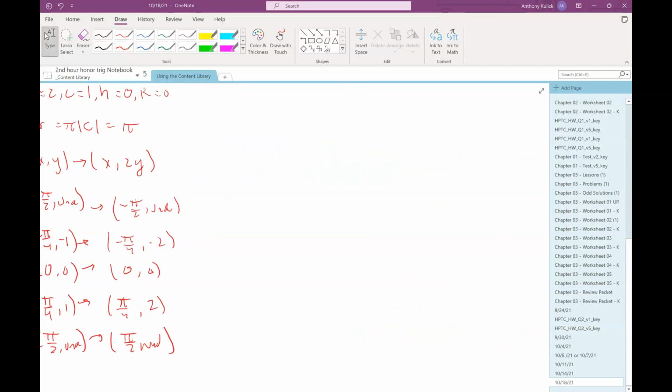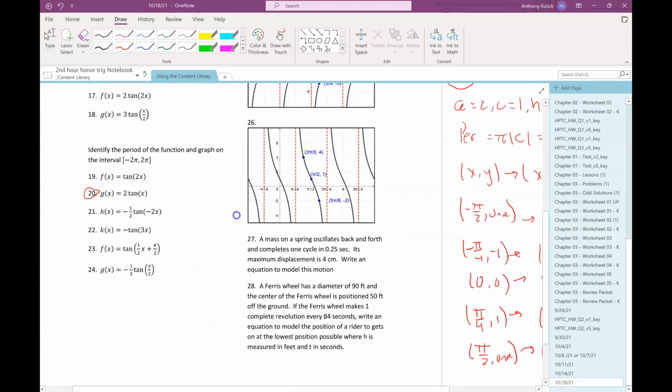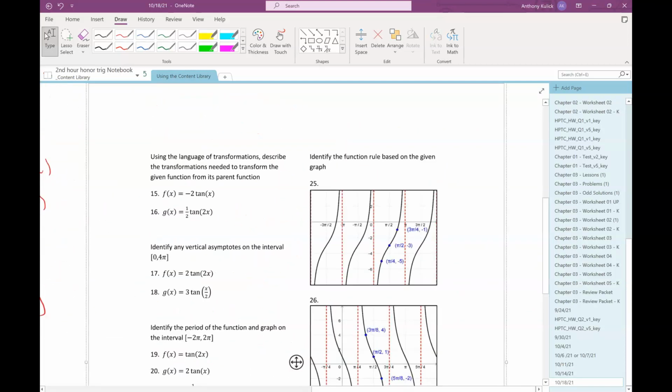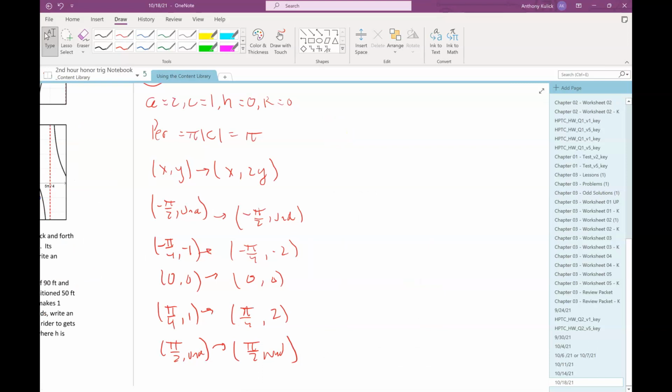So if we wanted to graph that, does it give us an interval to graph this over? Let's look real quick. Negative 2 pi to positive 2 pi, okay.